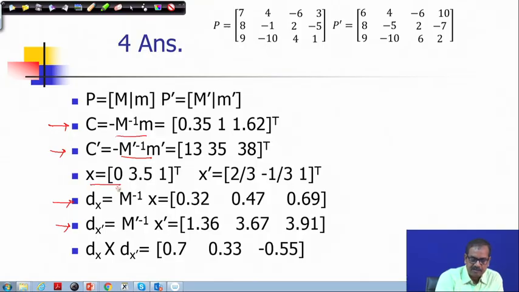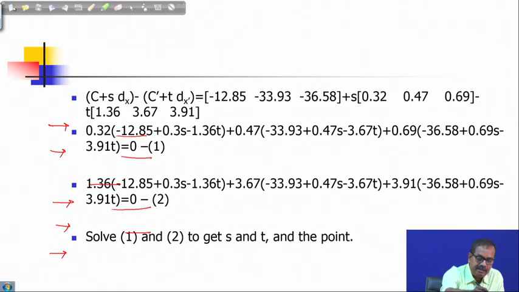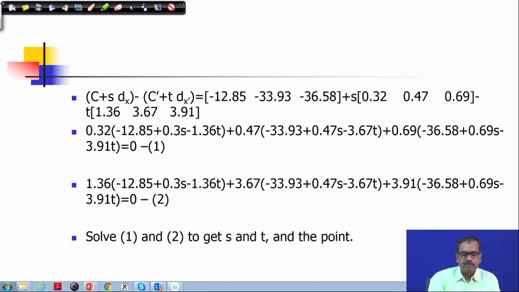Then this is the direction of the perpendicular segment, which is perpendicular to both of these rays, and we will be solving for s and t by applying the constraint that the line forming this segment is perpendicular to both the directions dx and dx prime.